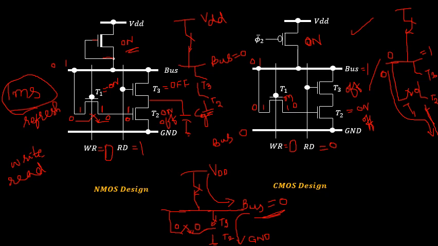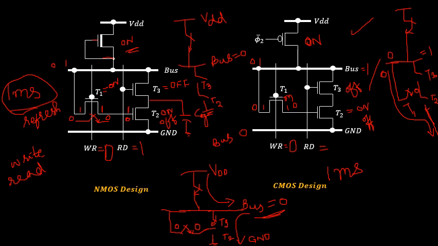Within a lapse of 1 millisecond, perform the refresh operation, or else the data will be lost and you will not be able to perform the read operation clearly. Before that time interval of 1 millisecond, you have to start the read operation.